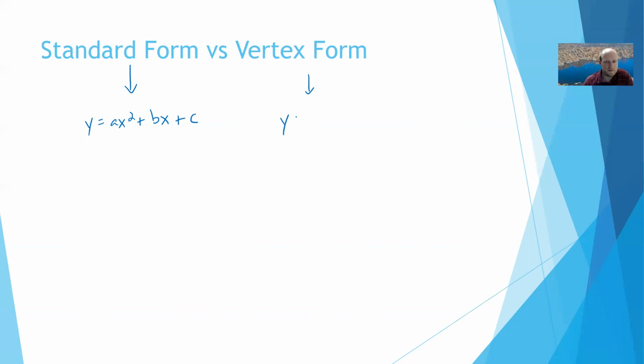Vertex form is y equals a times (x minus h) squared plus k. All right, so here, this is where the vertex is (h, k). So this is going to be the vertex form, when you have an a value, a quantity being squared, and then plus another value.